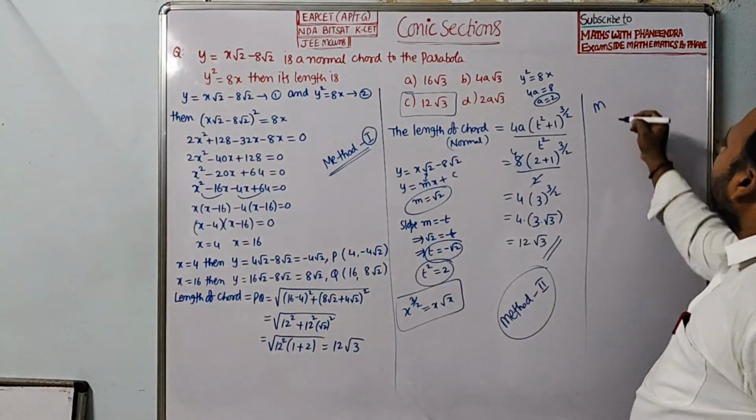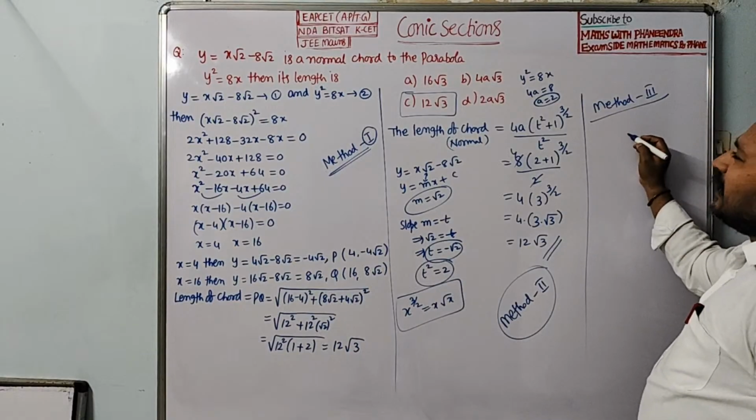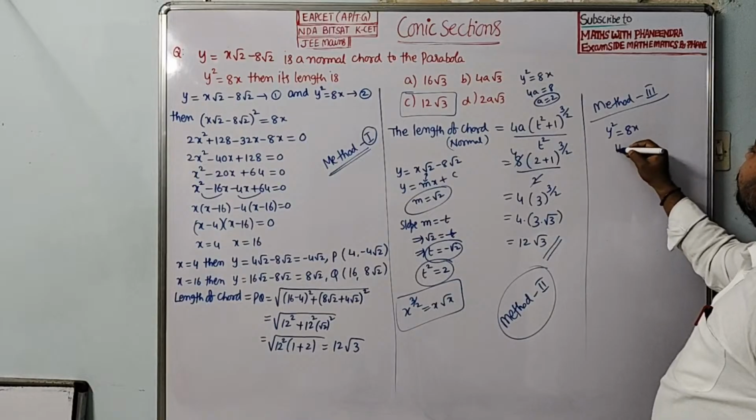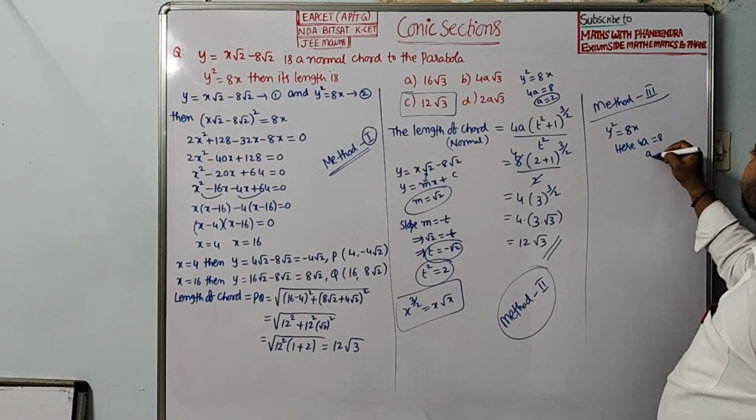This is method 3. Directly from the parabola y square is equal to 8x, here 4a is equal to 8, a is equal to 2.